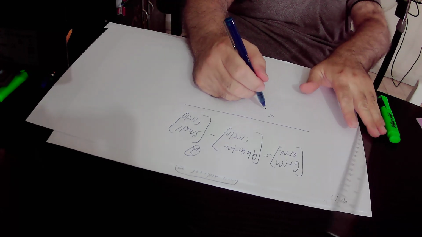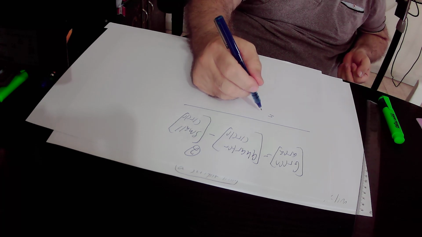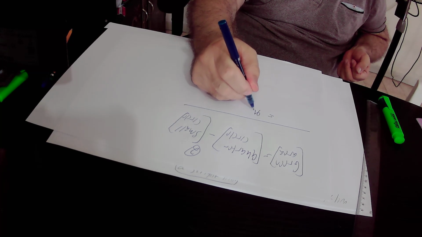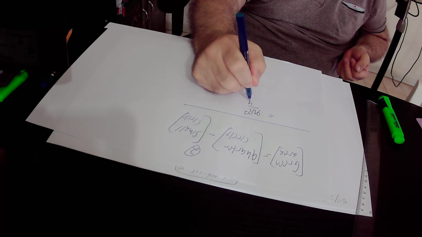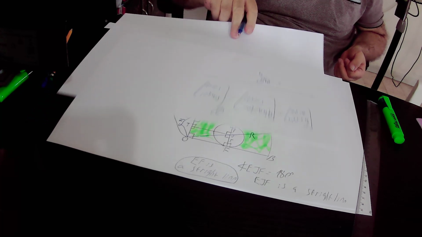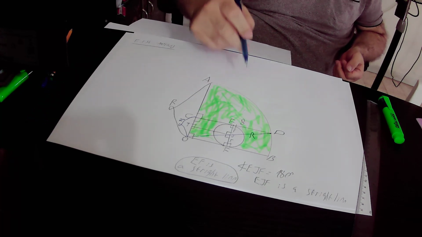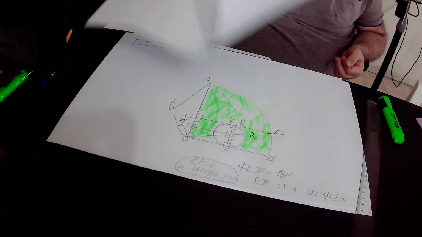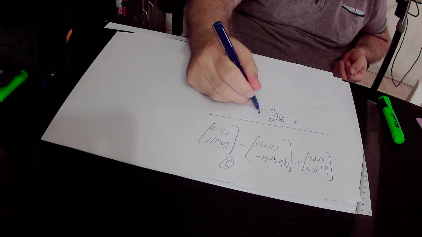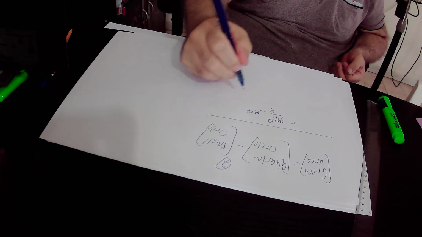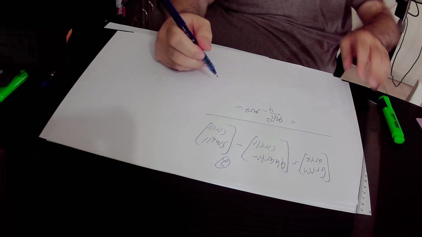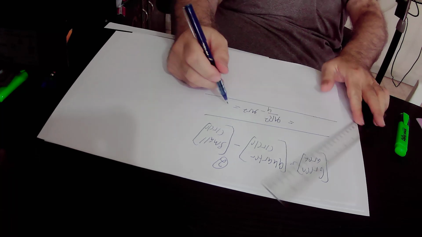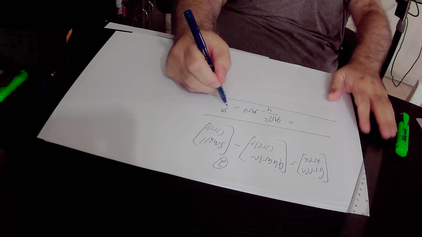The area of the quarter circle equals the area of the circle over 4, that is pi R square over 4, where R is capital R, minus the area of the small circle, that is pi r square, where r is the small r. So here we take pi over 4 as a common factor of those two expressions.